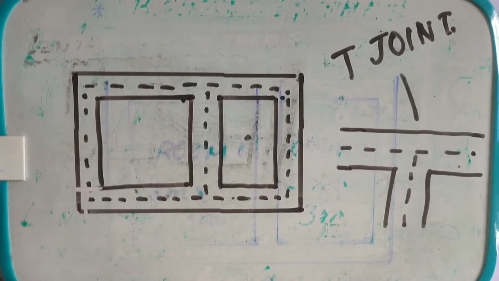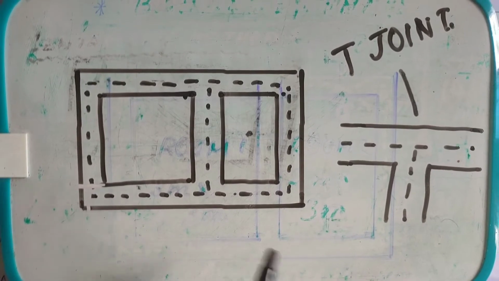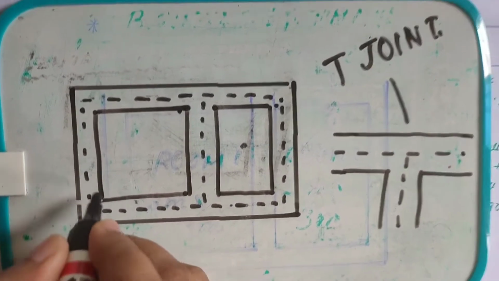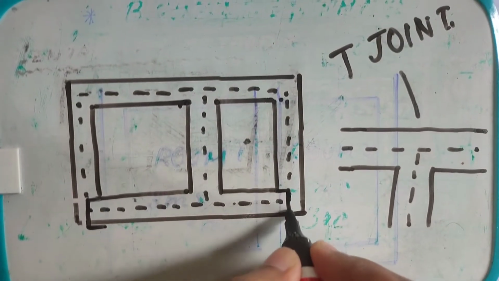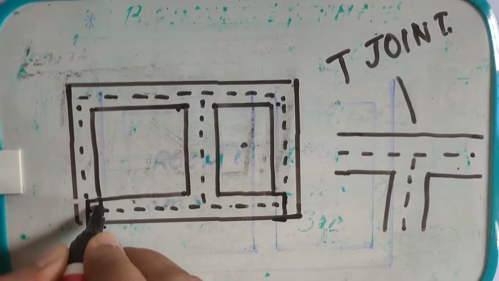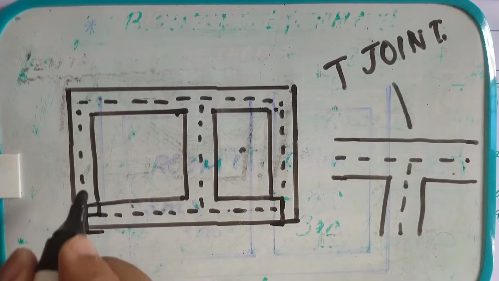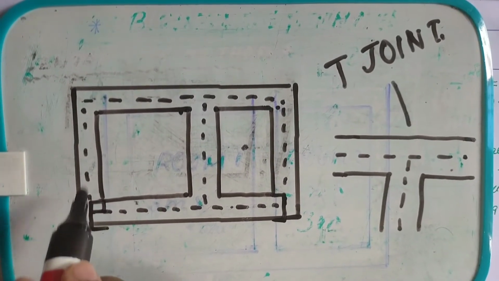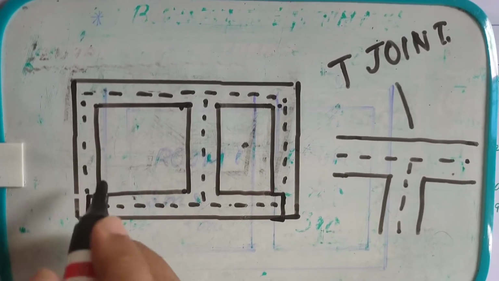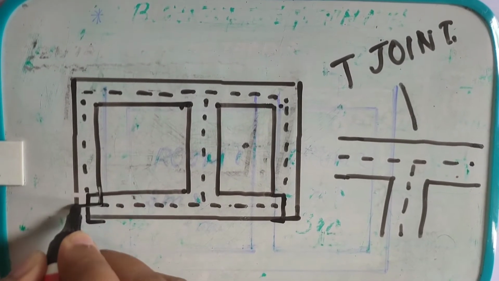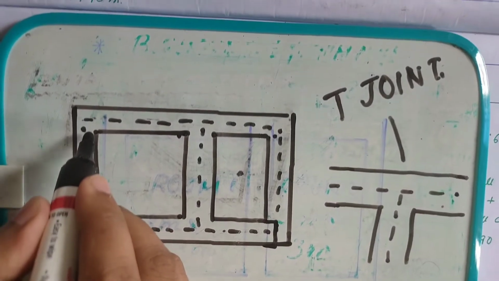We consider the horizontal walls from center starting from here to here, and for the vertical walls or for short walls we consider the distance from here to here.